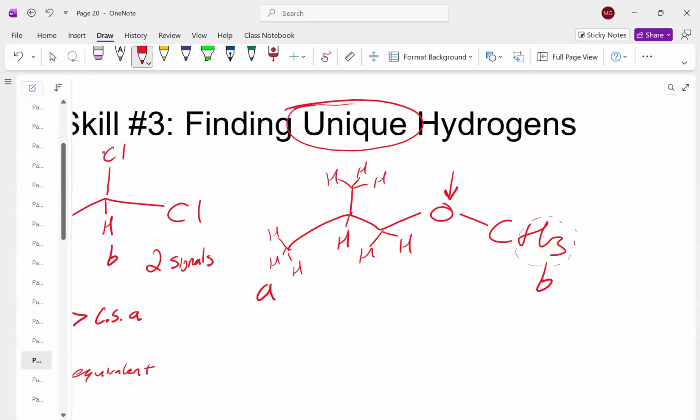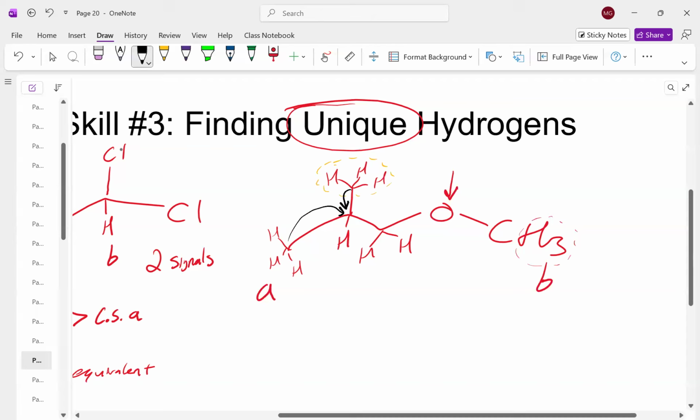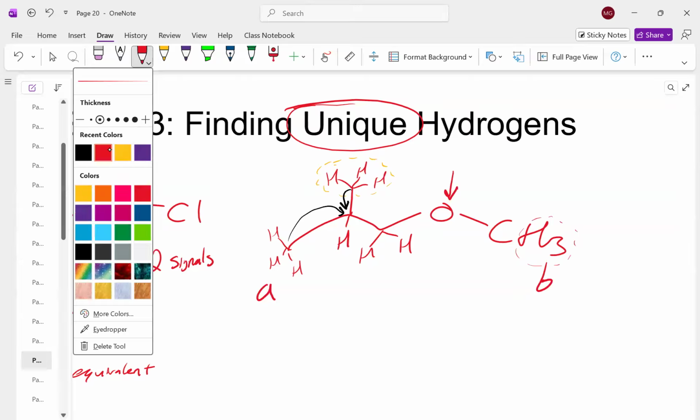But if I go to these CH3s over here, or this one over here, we notice that they're attached to the same carbon as the A ones are. So I'm going to call these A as well.